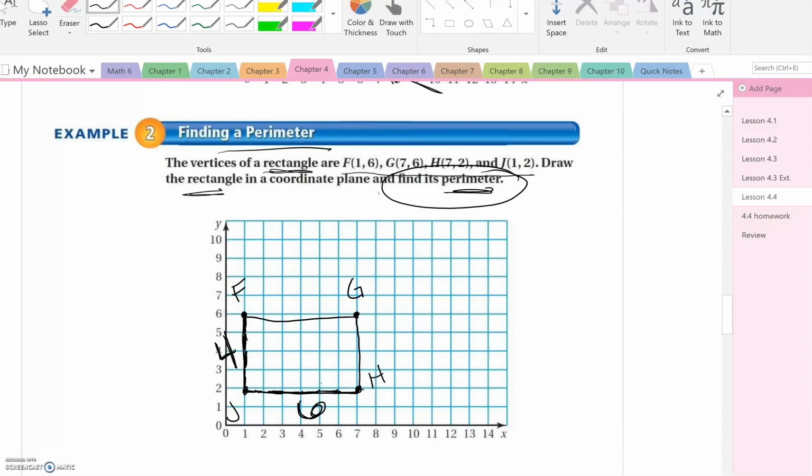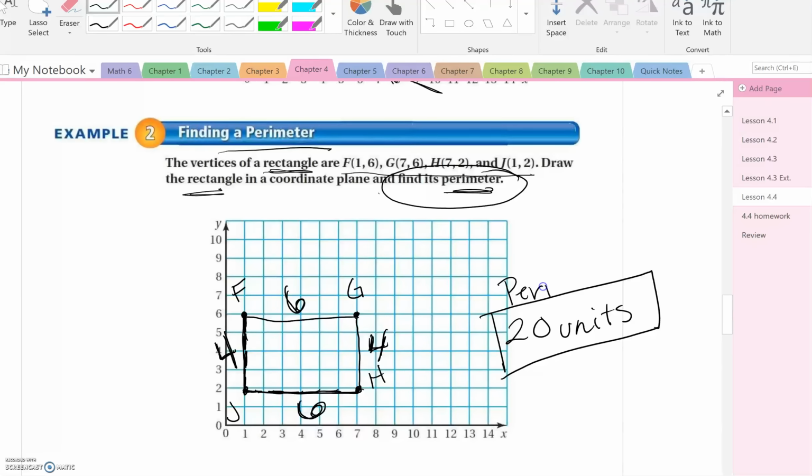So if this is 6, this is going to be 6. This is 4, this is going to be 4. All right. So to find perimeter, we add up all our sides. So I have 6 plus 4, which is 10. So 2 10s gives me 20 units. And it's not area, so it's just units. So 20 units is going to be my perimeter.